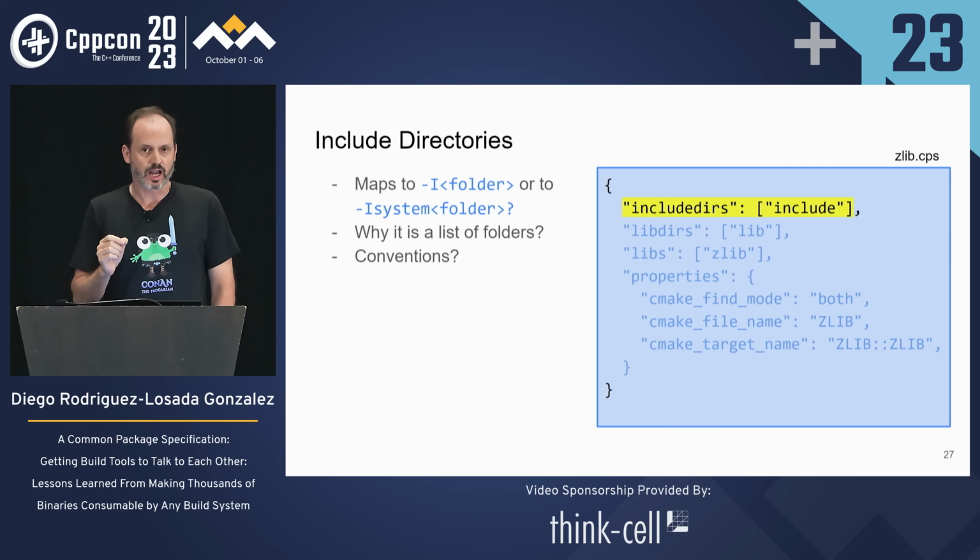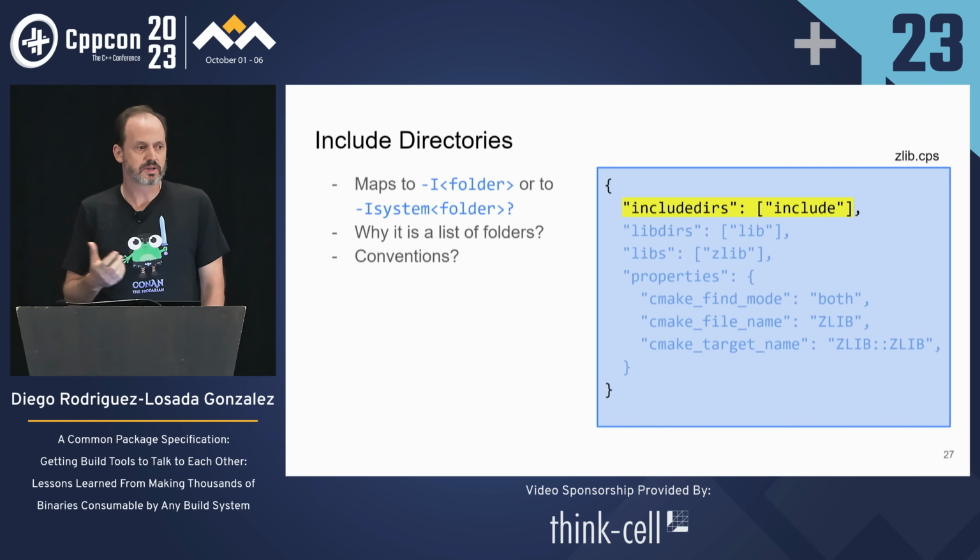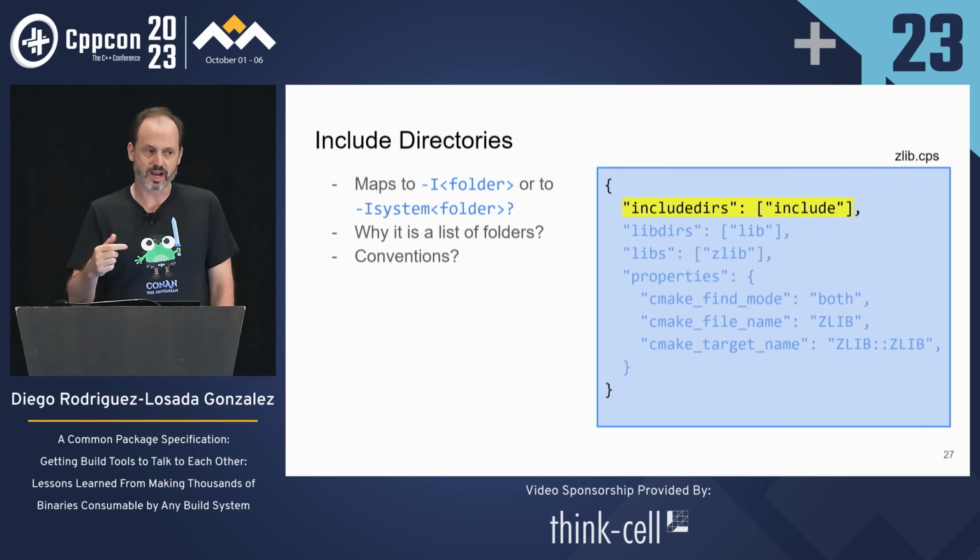And finally, can we use any convention? Why always specify the include? Come on, this is just the default. If you don't specify it in the CPS, we can assume include. So why are you making it explicit? Because, surprise, there are packages that don't contain headers at all. And there are build systems that, if you pass them a default include folder that doesn't exist, will error.